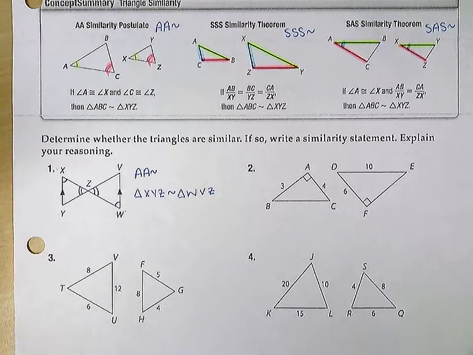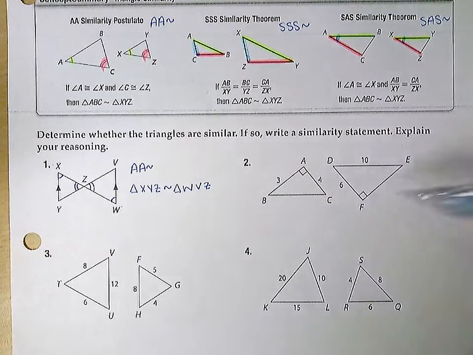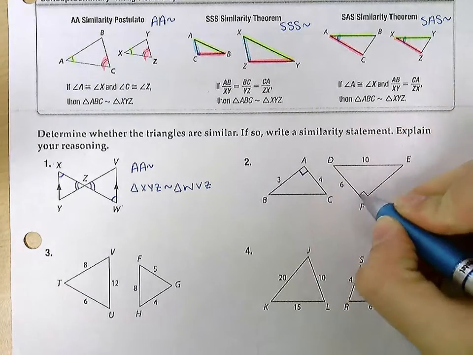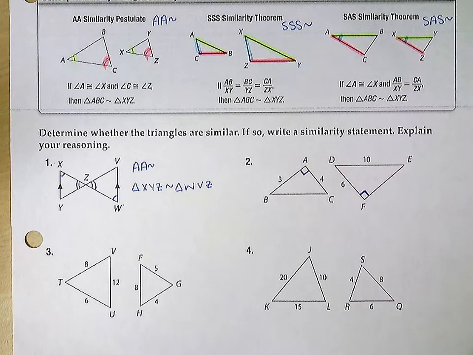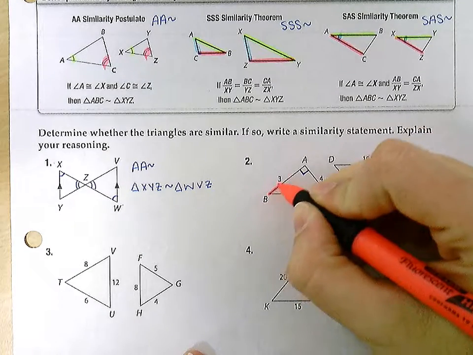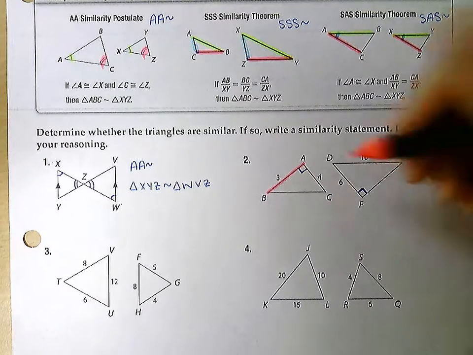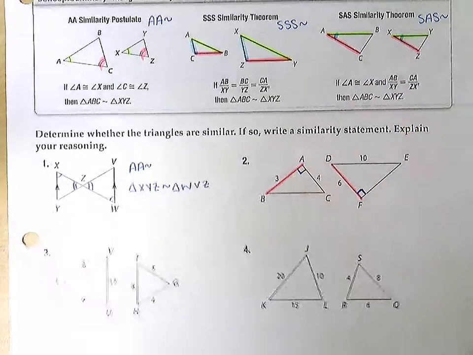All right, second one. When I look at these two triangles, I have both of them at a 90-degree angle here, right? So those two angles are for sure congruent to each other. So next, since I already have one angle congruent, I'm going to start looking at the sides surrounding that angle. So I'm going to look at this side here, 3, and this side here.